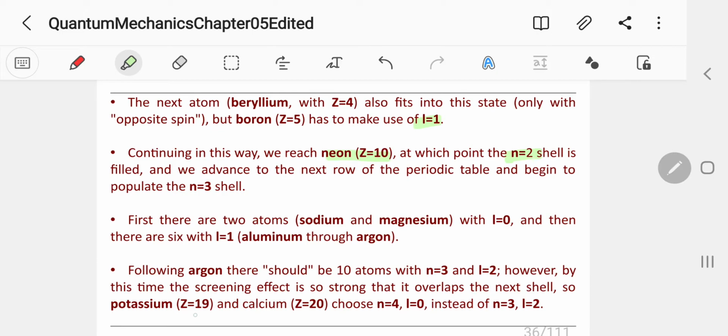So potassium with Z equals 19 and calcium with Z equals 20 choose n equals 4, l equals 0 instead of n equals 3, l equals 2. So there's some kind of anomaly here because of the screening.